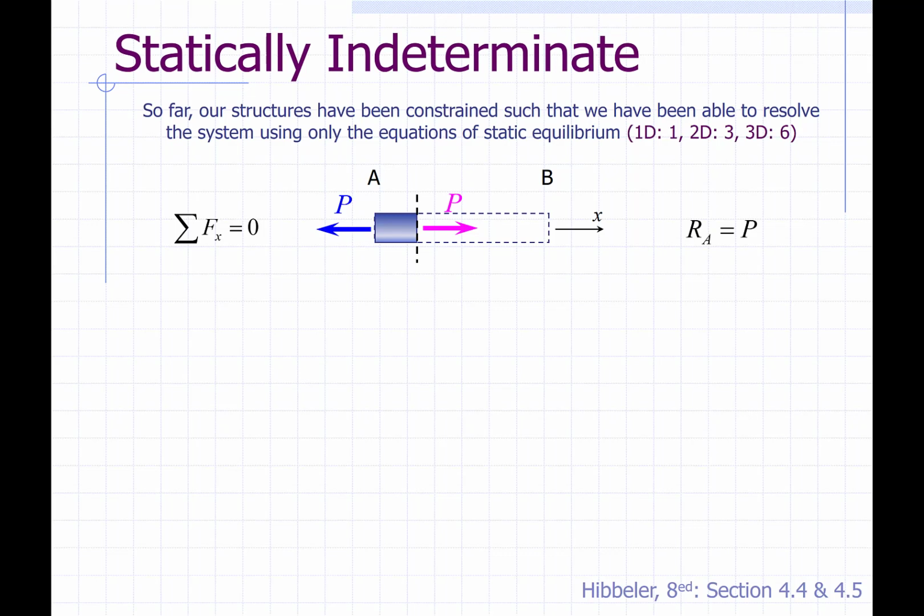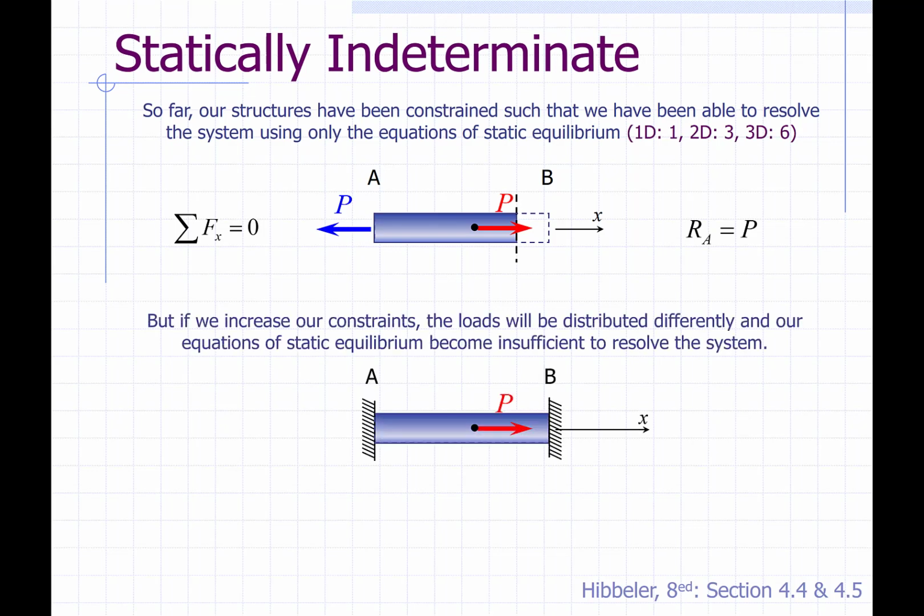We can see that the internal force is equal to P, or between the point of load application and the support at B, there is 0 internal force. Again, all determinable using the equation of static equilibrium.